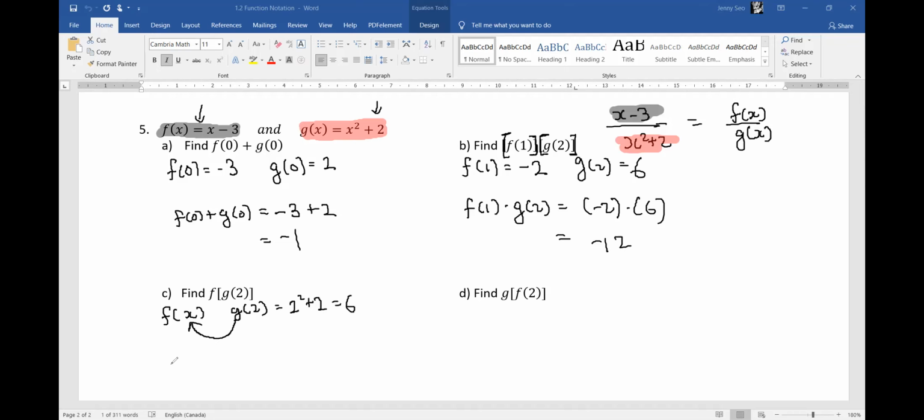So essentially what we're doing is putting 6 into the function f, which becomes 6 minus 3. The answer to that is 3.